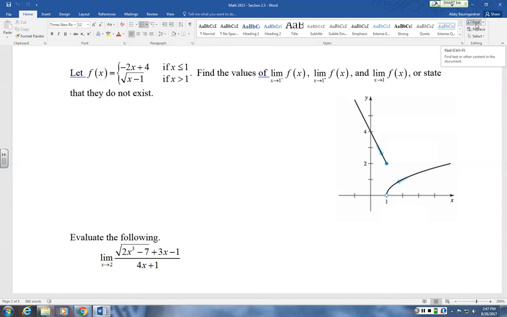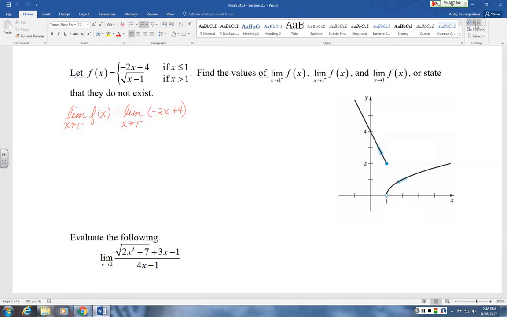Well, negative 32 is to the left of 1, so my domain tells me I should be using this top equation. So that gives me an idea that when I'm attempting to find the limit as x approaches 1 from the left, the piece of the piecewise defined function that I should be using is that top piece. So I'm actually going to rewrite it and put in the negative 2x plus 4.